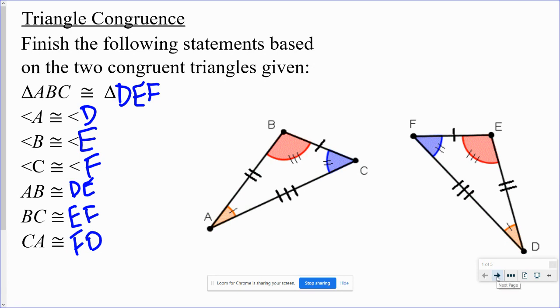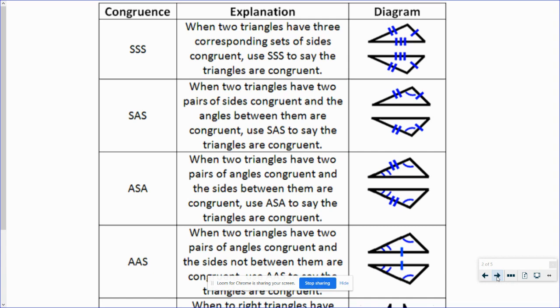The next thing that we're going to talk about is whether we can prove two triangles are congruent. I have listed here your different theorems for how you can prove congruence. I've also saved it as a picture that should be available in your lesson notes.